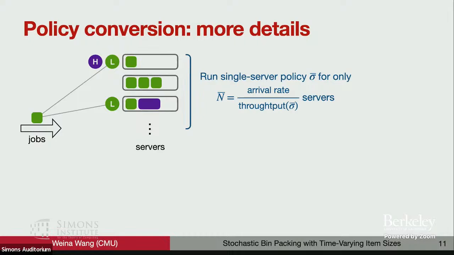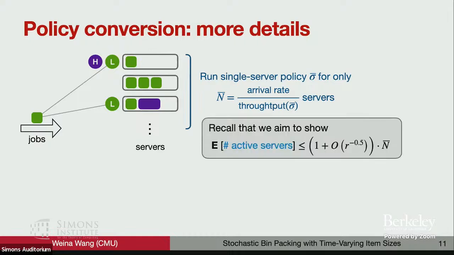Intuitively, we only need n bar copies of them. At the end, we will show that the number of active servers is upper bounded by n bar, so we don't care about the servers outside of n bar. n bar does depend on parameters of the policy, although we don't need to look into the policy per se. Okay, we cut it here.